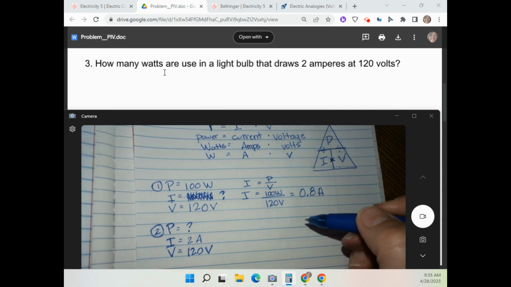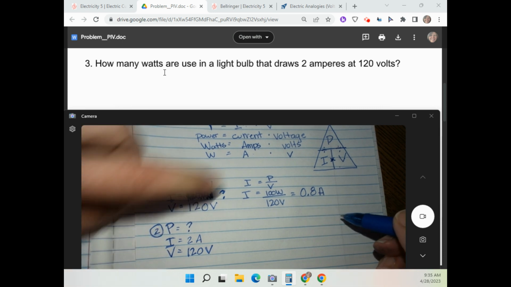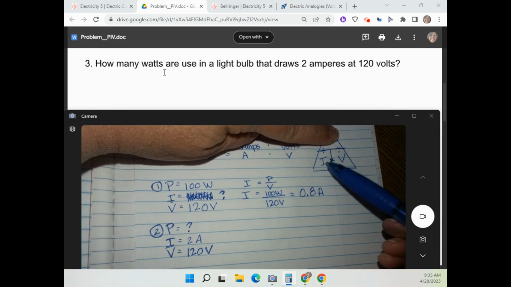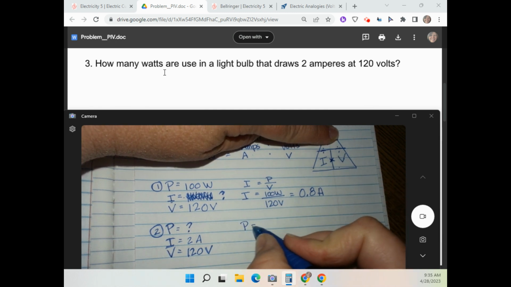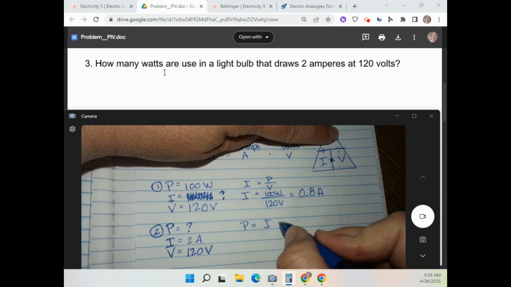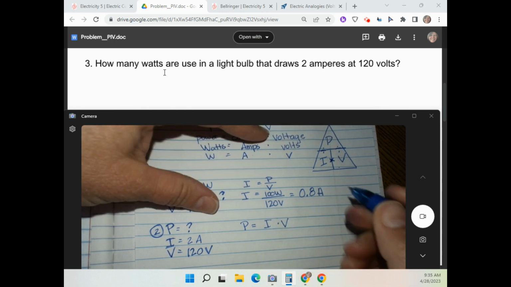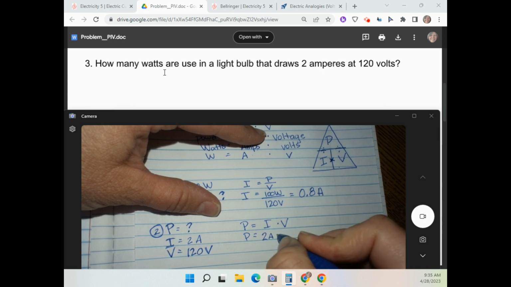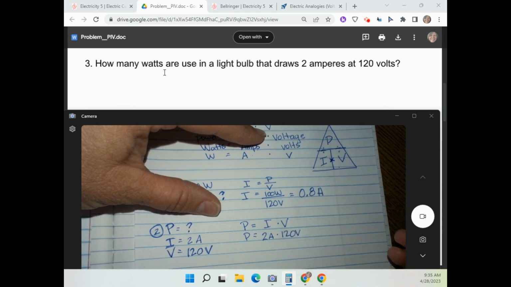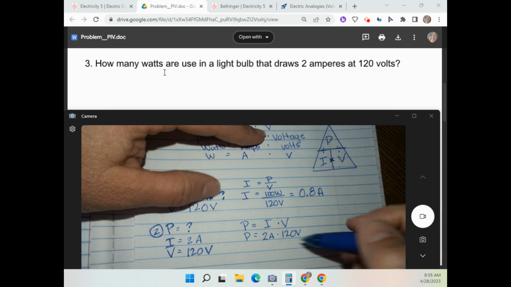All right, so then I look, well, I need power. So if I point at power, I say what's left, I need this. So I need to do current times volts. And that's typically the way that we see the formula written. So power equals 2 amperes times 120 volts. We could probably do that one in our head.